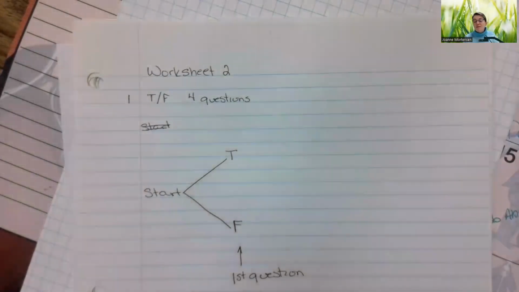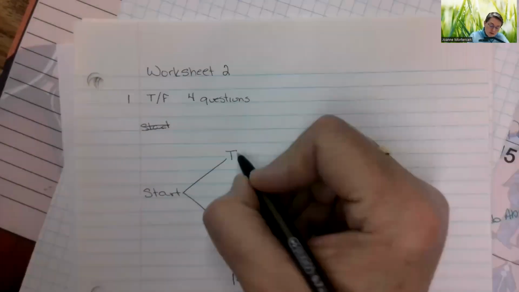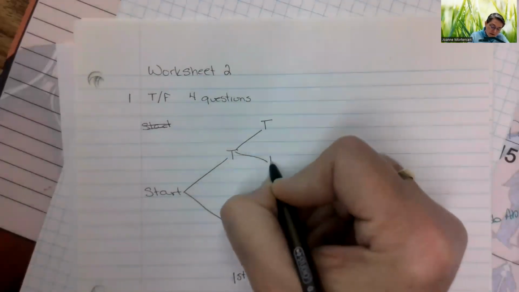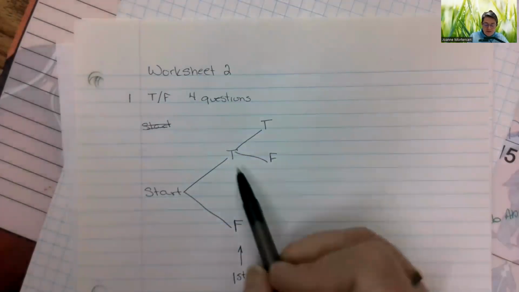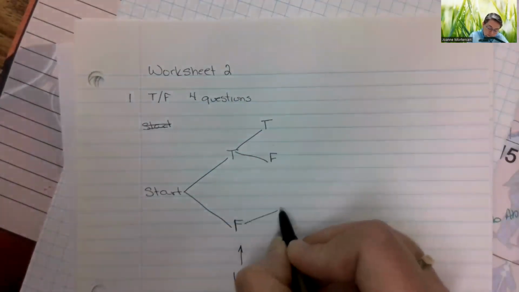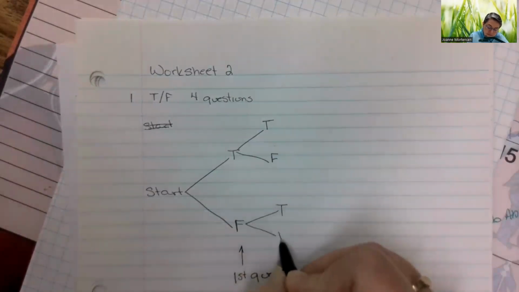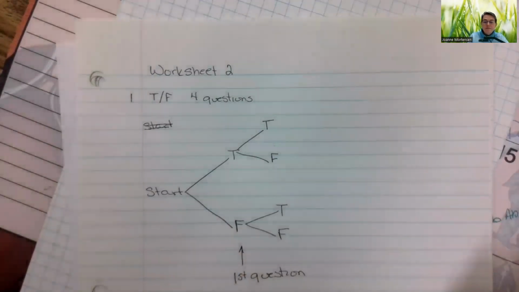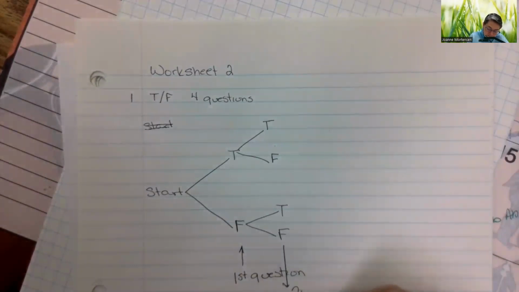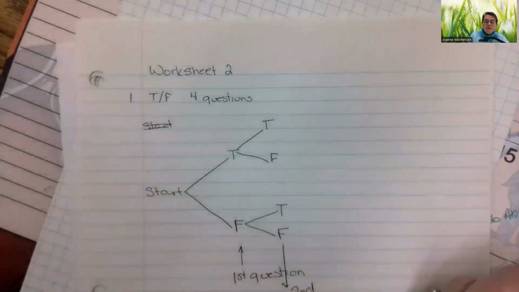I'm sensing this question, so I'm going to take up a lot of paper. First question. Now I got to do second question. If I answered the first one true, then my second one could be true or false. False. There's my second.